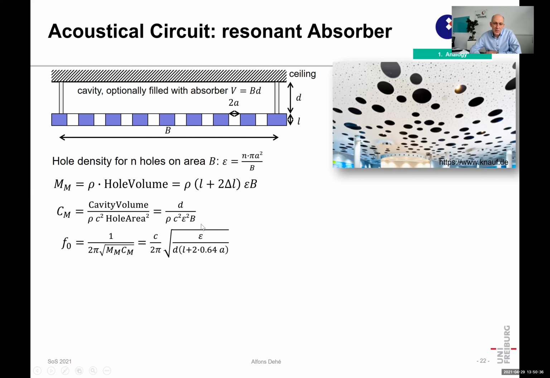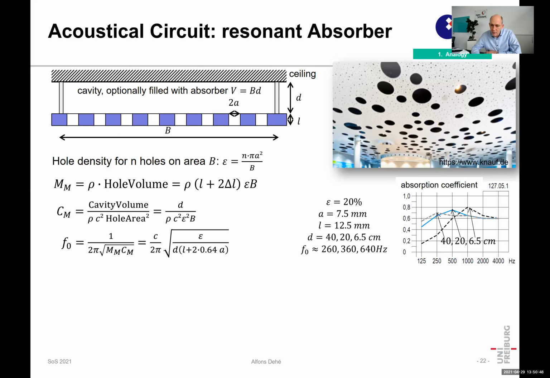And now the question is, how does it help to filter the situation, or help to improve the acoustics of a room? If you look at the data sheet of, this is from Knauf, they are selling these plasterboard plates with the holes inside that will be installed in rooms.